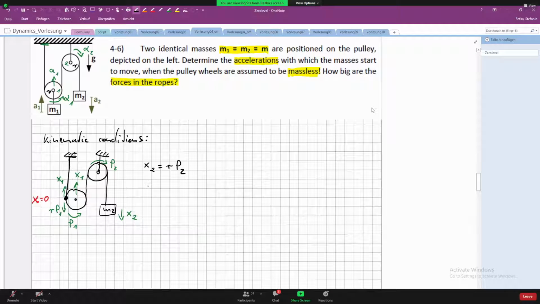Then we have our second kinematic condition, x1 is equal to r phi 1, pure rolling. If you rotate the system by 90 degrees, the rope on the left would be the ground, the non-moving surface, and pulley number 1 would perform a pure rolling motion.